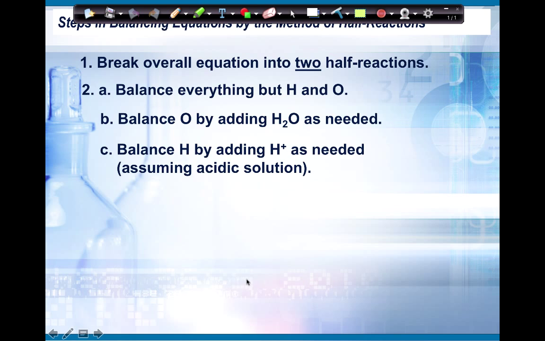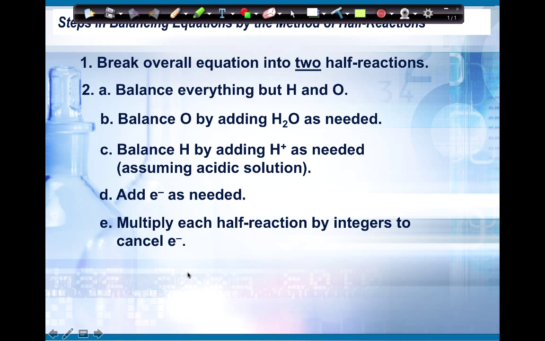Then you're going to balance the H's by adding H+, assuming it's acidic solution. If it's acidic, it'll usually say in acidic conditions. You're going to add electrons as you need to. And then multiply each half reaction by some number so the electrons cancel. And then add the 2 half reactions and simplify it.